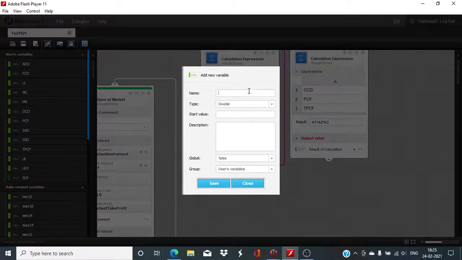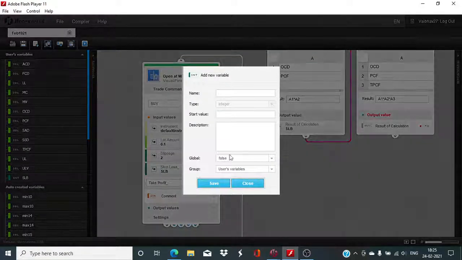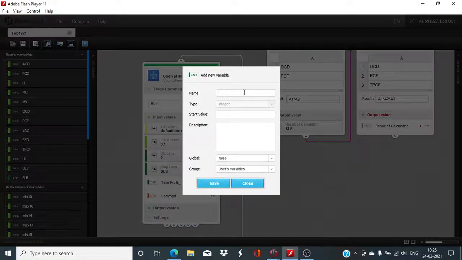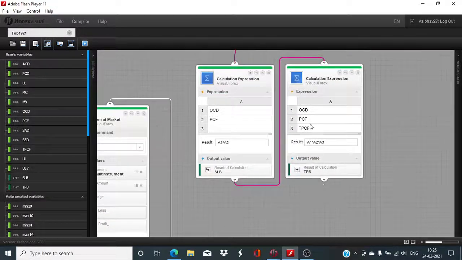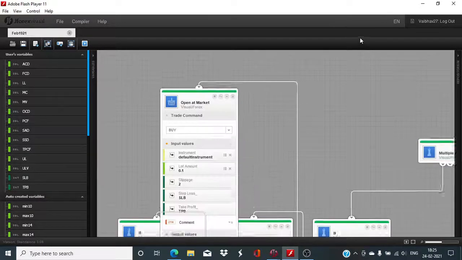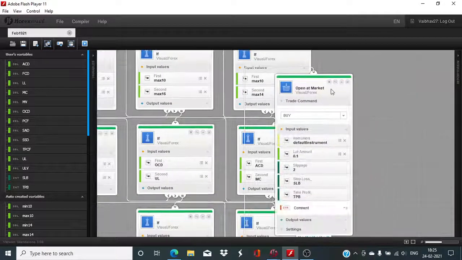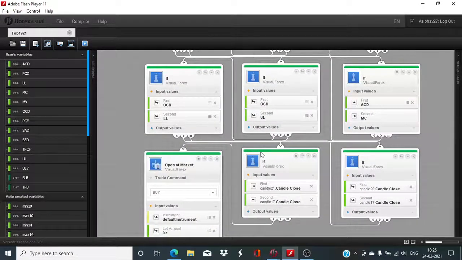Profit buy side. Here also I will have to define the variable in integer data type. Take profit buy side, and its value will be derived using this calculation. So here we are done with the defining of the stop loss and take profit for the buy side.